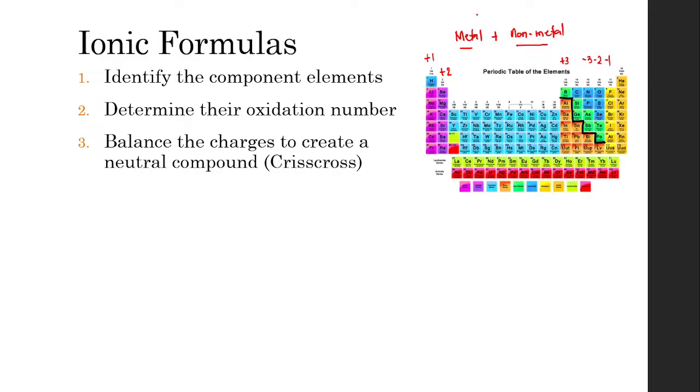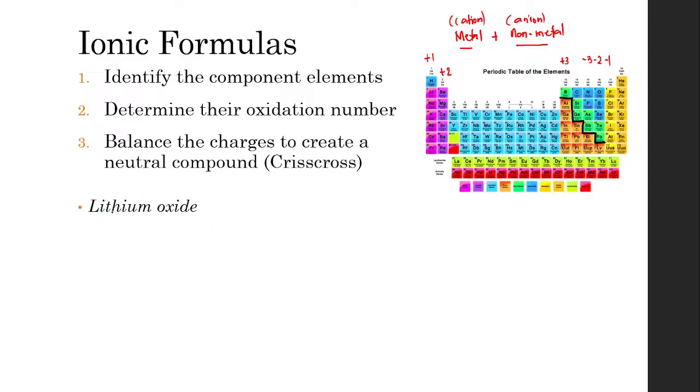This is important because it will tell you which one is your cation, which is usually your metal, and which one is your anion, which is usually your non-metal. So let's look at the following example. Lithium oxide. What is the ionic formula for our ionic compound lithium oxide? Well, let's first look at our component elements.